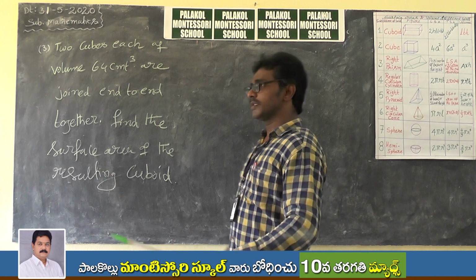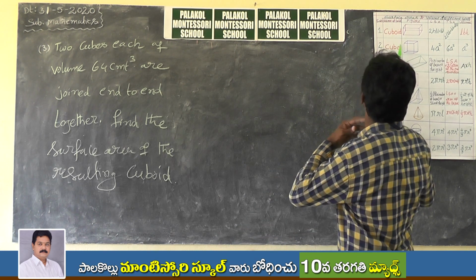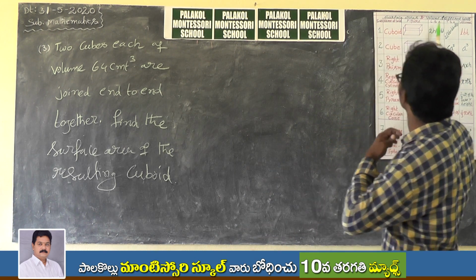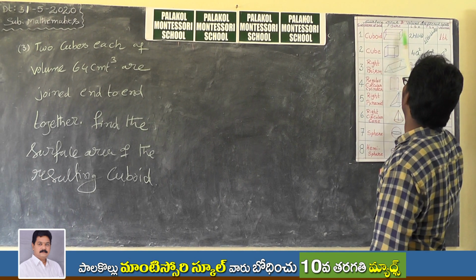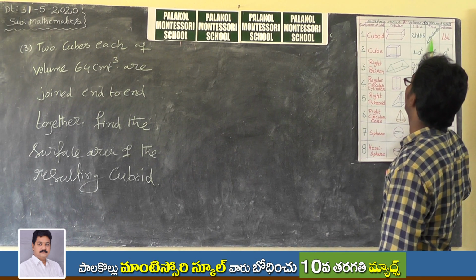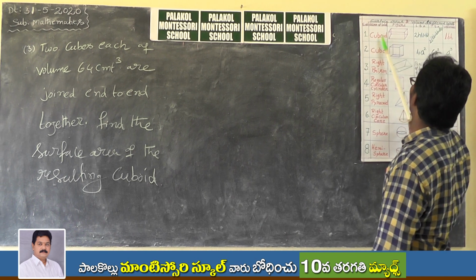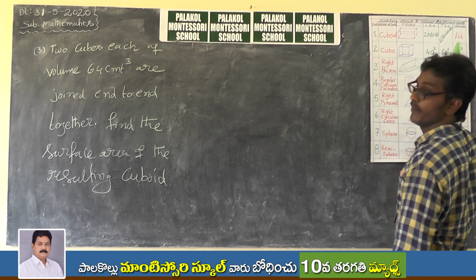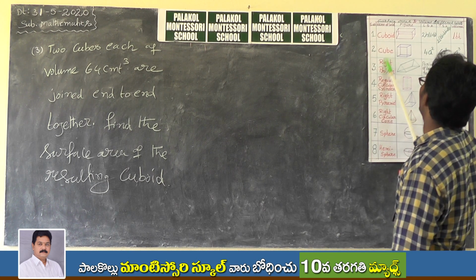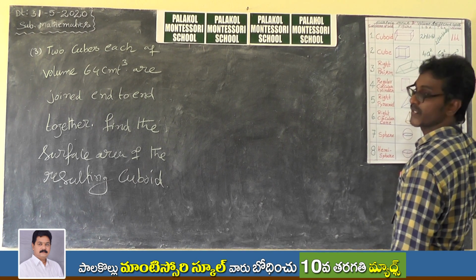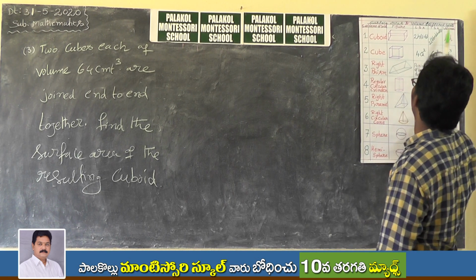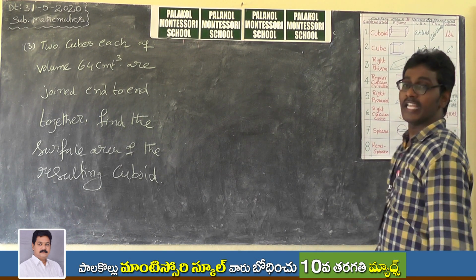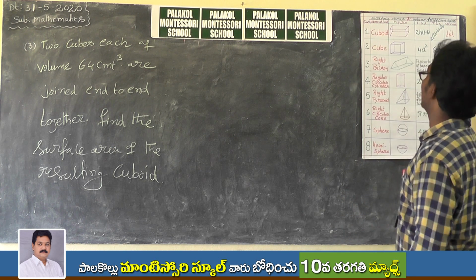Generally remember the cube and cuboid formulas. The cuboid lateral surface area formula: 2h of L plus B. The cuboid total surface area: 2 of LB plus BH plus HL. The cuboid volume formula: LBH. The cube lateral surface area formula: 4a square. The cube total surface area: 6a square. The cube volume: a cube. In this case, which formula do you select?